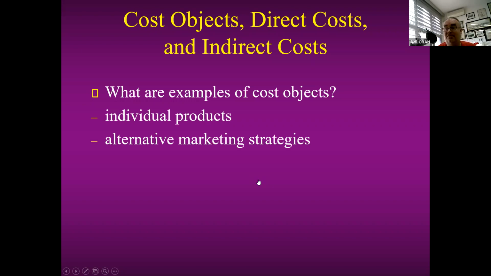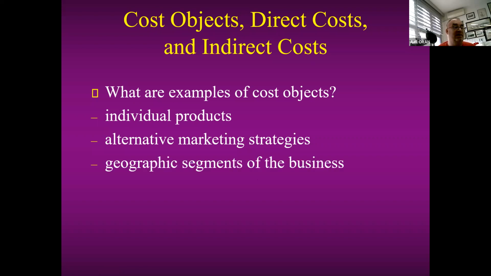You don't have to use all of them together, or any of them if you don't want to. But I want to know how much each of these is costing me. And hopefully I'm also able to measure how much revenue, how much return it is bringing to me, so that I can choose the ones that are more effective, more efficient in helping me sell. So definitely different marketing strategies could be cost objects.